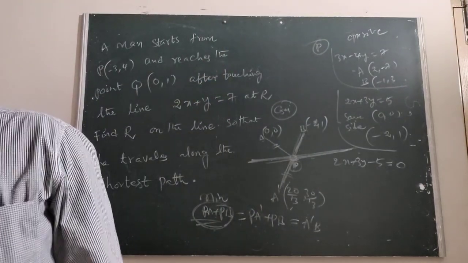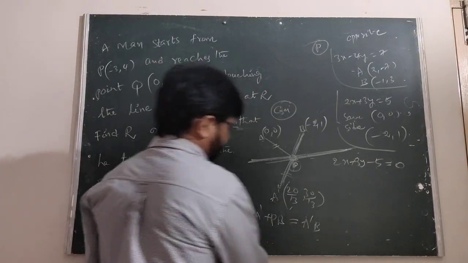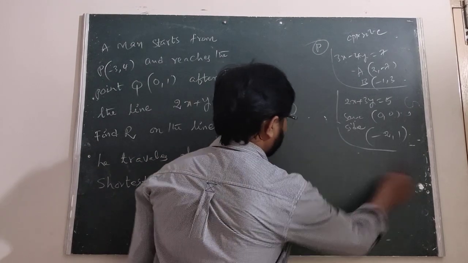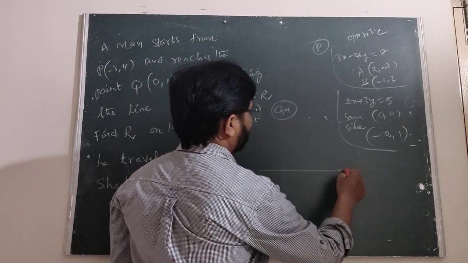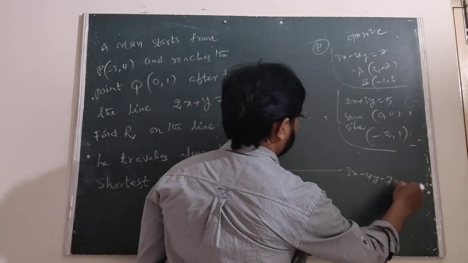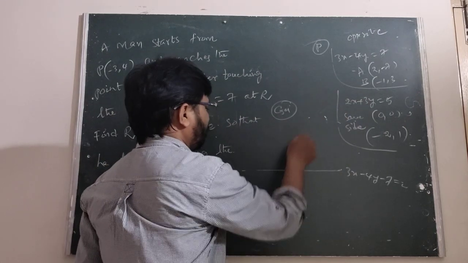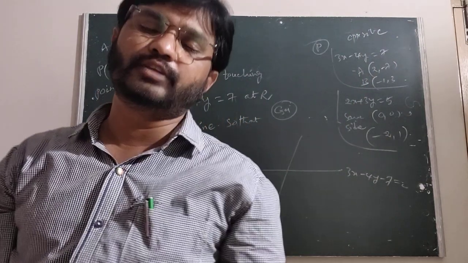Now we are going to the other one, case 2. Suppose the points are on either side. How to find it? Here the line is 2x minus 4y minus 7 equal to 0. So here we know A and B. We get L11 greater than 0 and L22 less than 0.